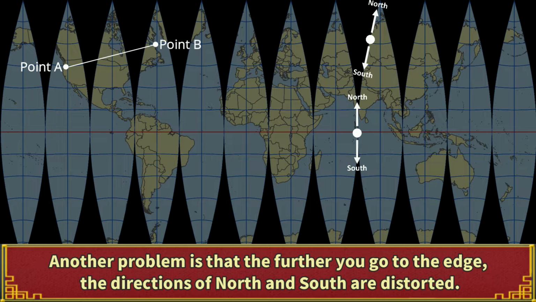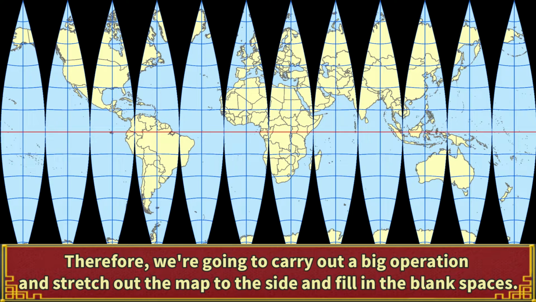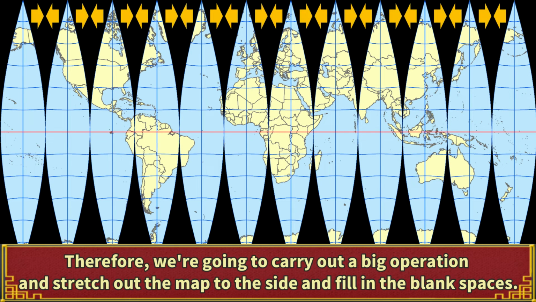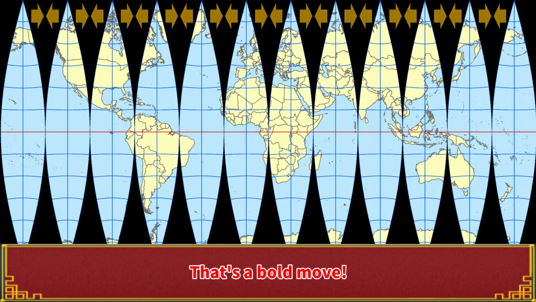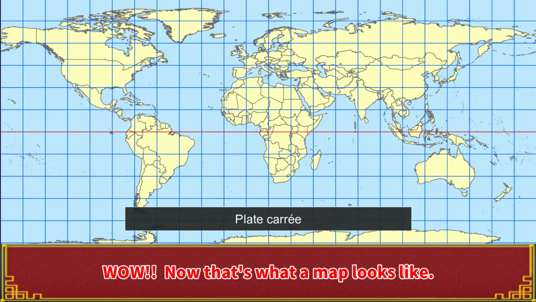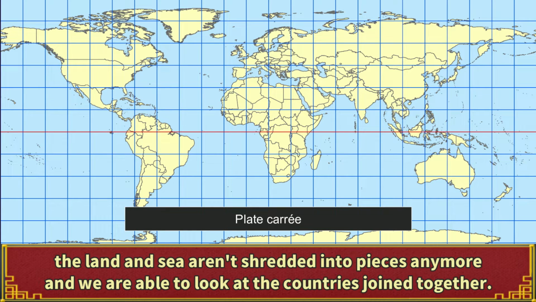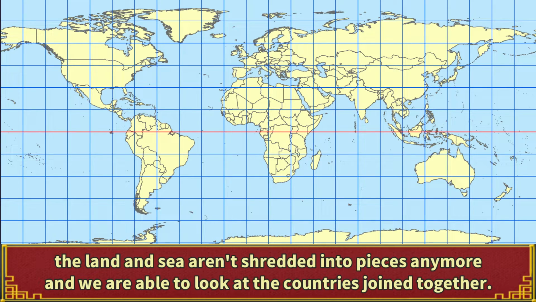south are distorted. Right. Therefore, we're going to carry out a big operation and stretch out the map to the side and fill in the blank spaces. That's a bold move. Wow! Now that's what a map looks like. By stretching out the map, land and sea aren't shredded into pieces anymore, and we are able to look at the countries joined together.